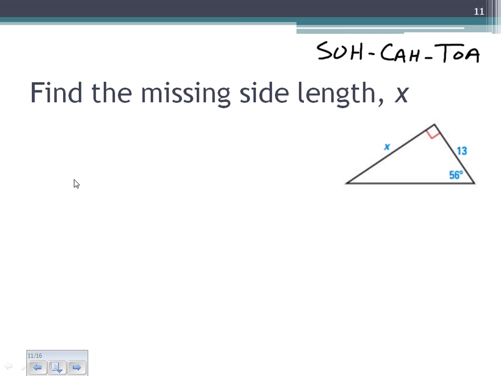I'm not doing it, I'm just highlighting the angle. Hang on one second.